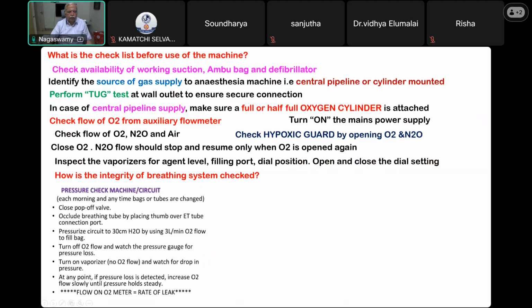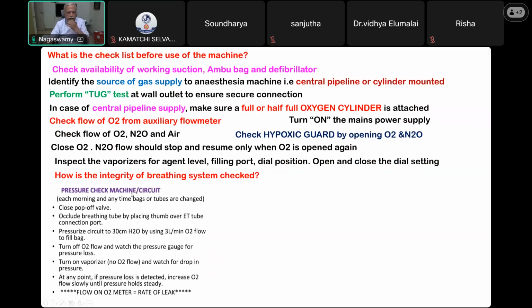And if at any point the pressure loss is detected, increase oxygen flow slowly until the pressure holds. So the amount of oxygen that you are required to bring back the pressure to 30 centimeters is the quantity of leak. Okay, so that is how you test for the leak, and you can also calculate the volume of leak by this method.